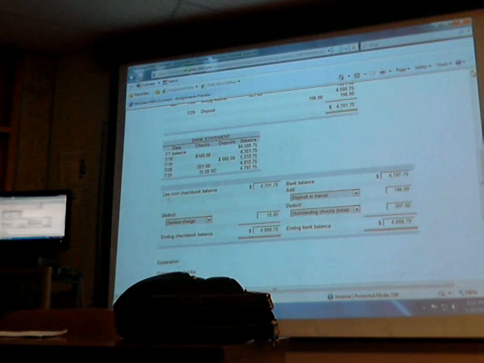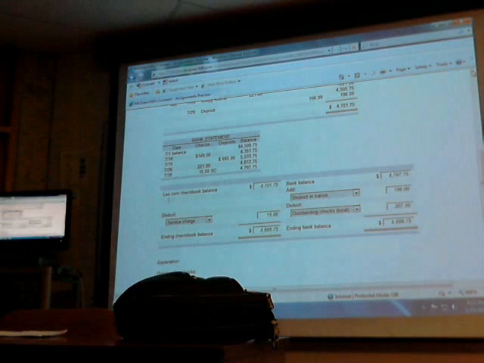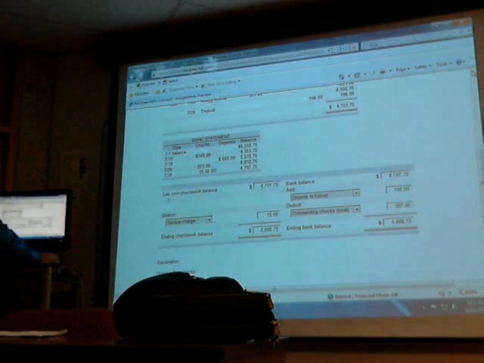I mean, when I kept the check register, I would never go in and add my service charge. I'd be like, oh, that's right, I got to add that in. And that's what's happening right here. Okay? So if we look back to the top just for a second.